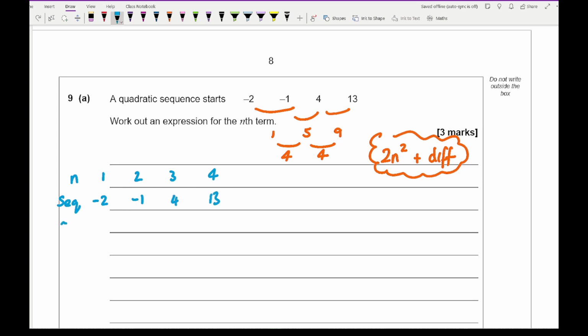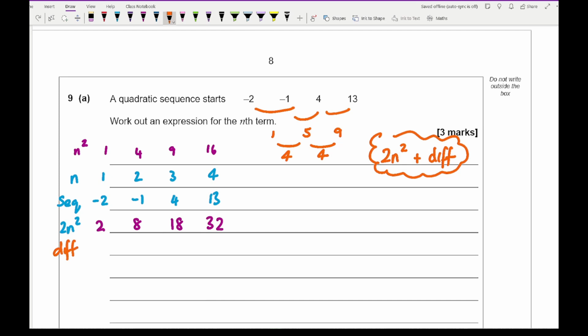I know that 2n squared is in the formula, so if I just write the n squared numbers, that's 1, 4, 9, 16, and so on. I double those, so double the purple numbers, that's going to be 2, 8, 18 and 32, and all that's left for me to do is work out what the difference is going to be.